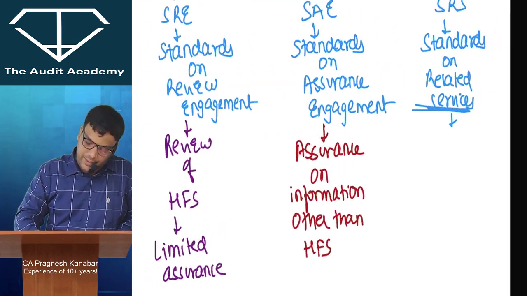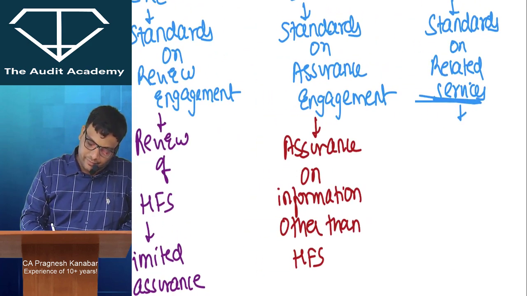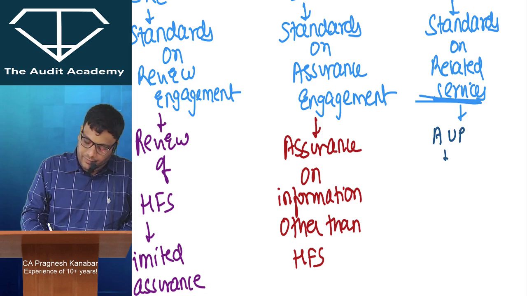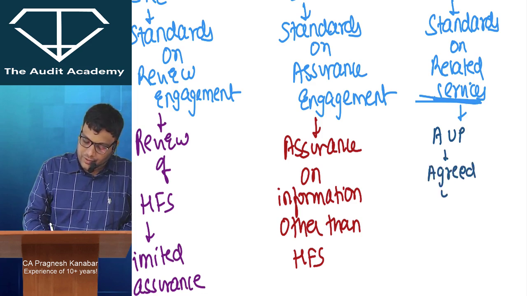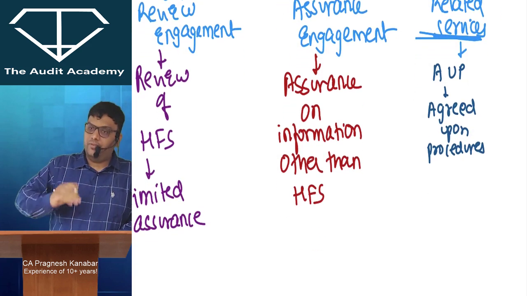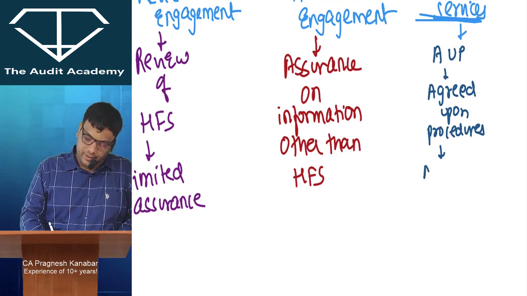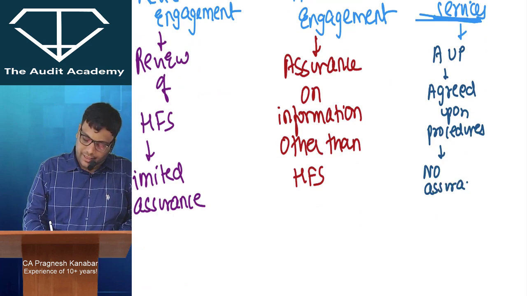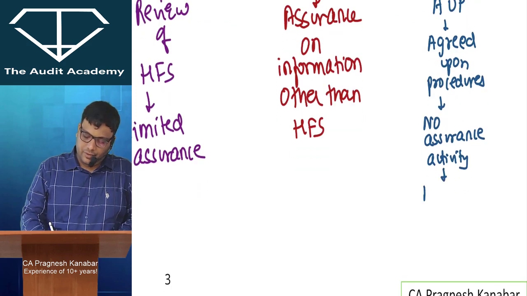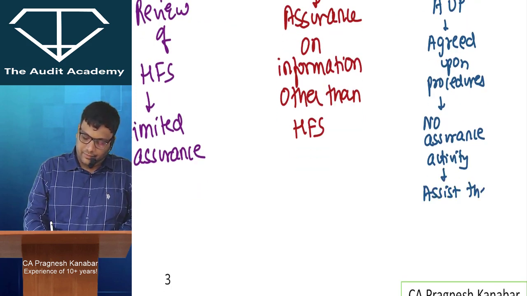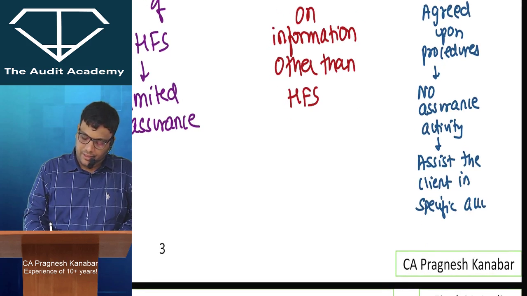That is why this category is famously called AUP, agreed upon procedures. Whatever I agree with you, I will do it for you. But one thing is clear, that there will be no assurance activity. We will just assist the client in specific accounting tasks.